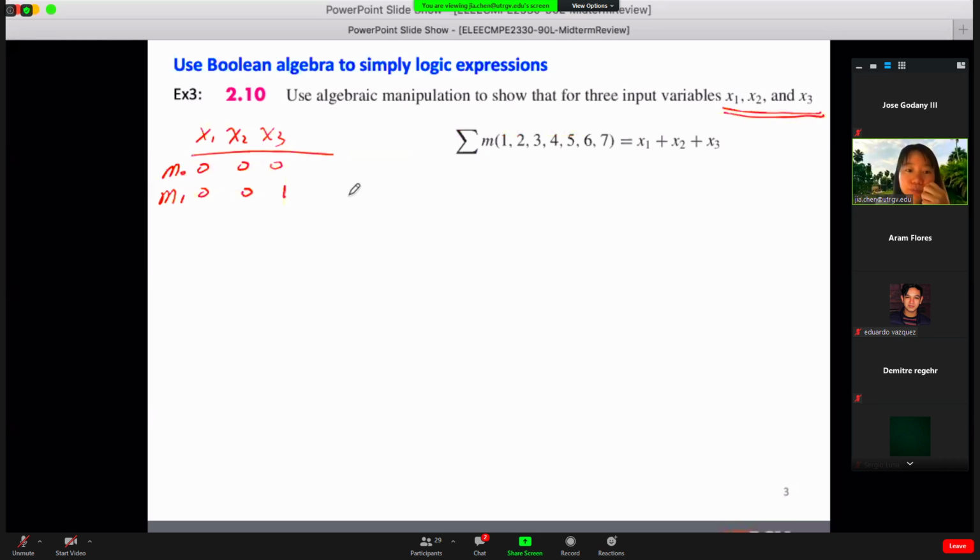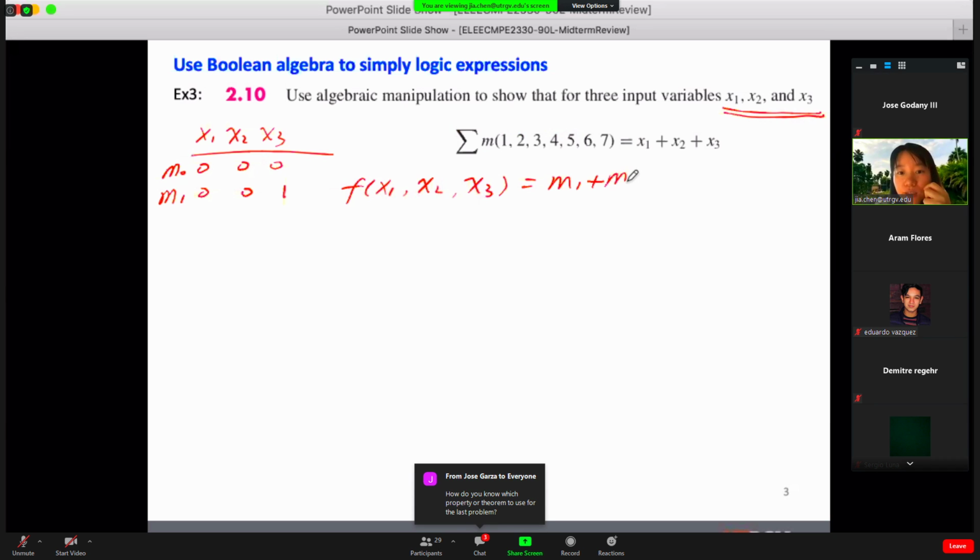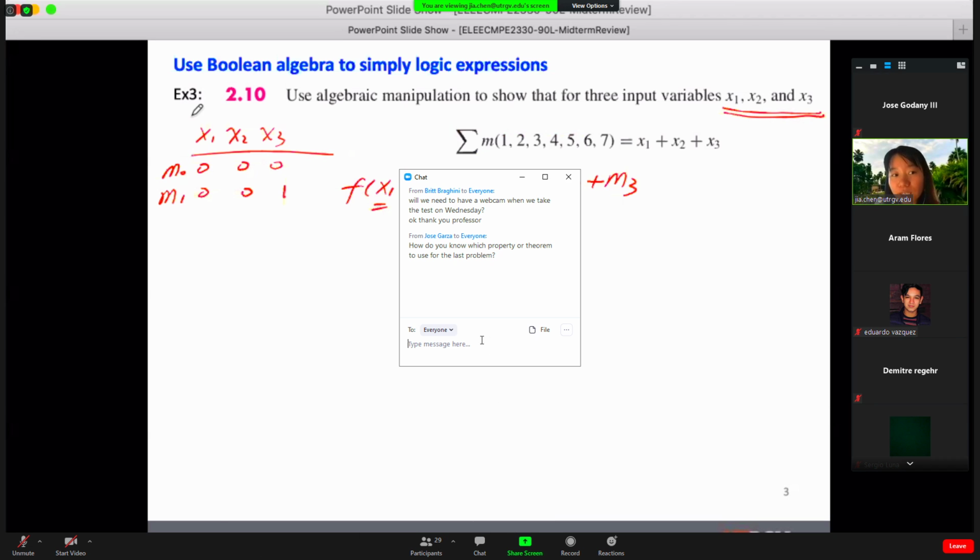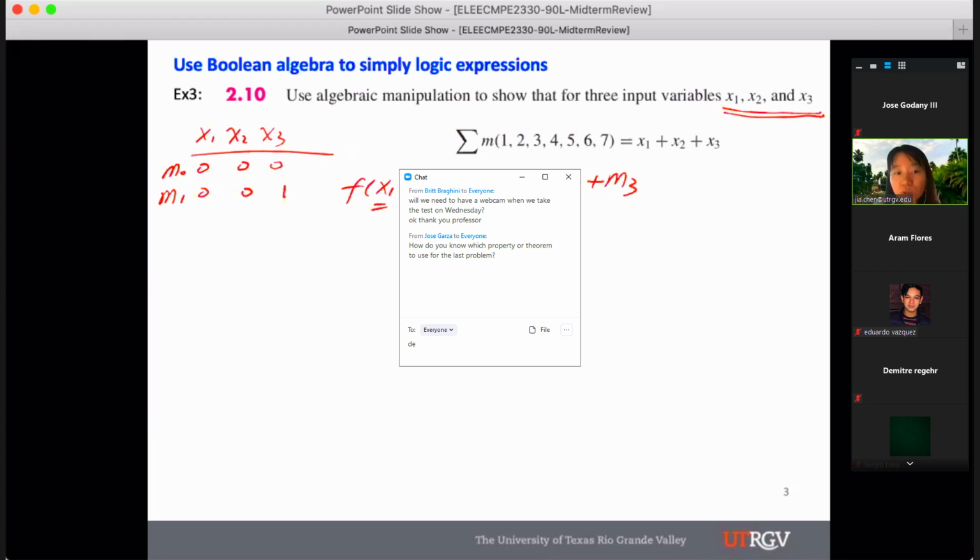Or sometimes, another thing is this. Let me show you. If I say f(x1, x2, x3) equals m1 plus m3. So when I say this, the first one showing up inside the parentheses is the most left in the truth table. So you know m1 equals x1 naught, x2 naught times x3, and m3 is x1 naught, x2 times x3.